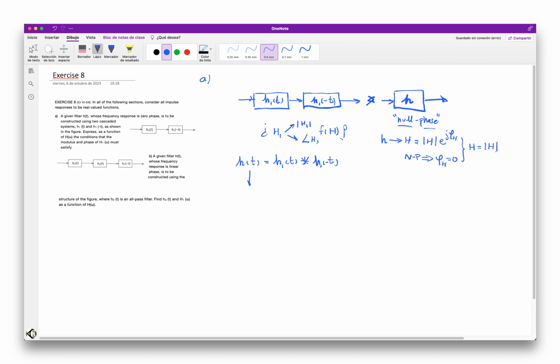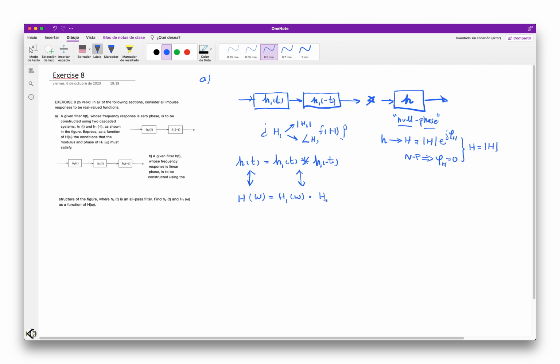As we are talking about phases, what is wise here is to do the Fourier transform of this expression, and in Fourier terms it will be capital H of omega equal to capital H1 of omega, and the convolution in time, remember, goes to a product in frequency.